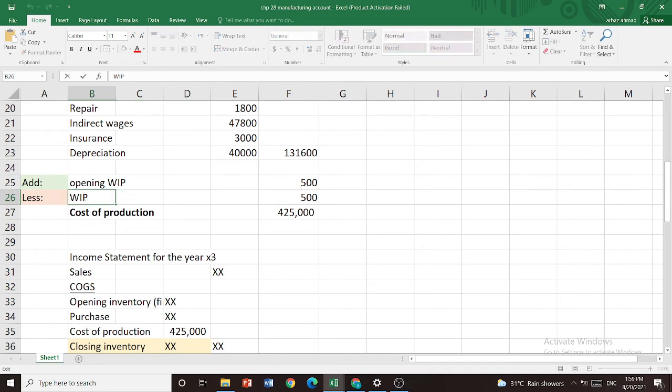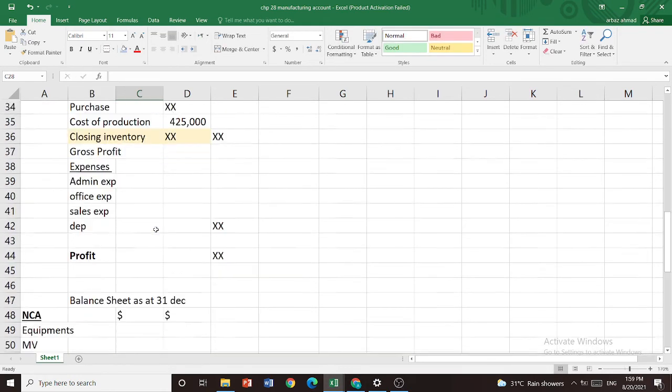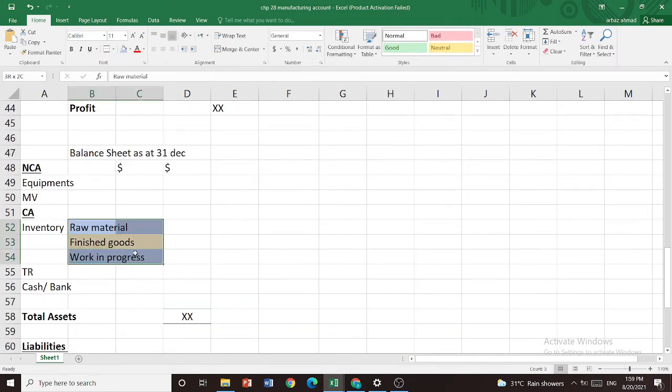Maybe I can write it over here, closing work in progress. W is for work, I is for in, and P is for progress. Okay, now you are going to have 3 closing inventories in a manufacturing account.